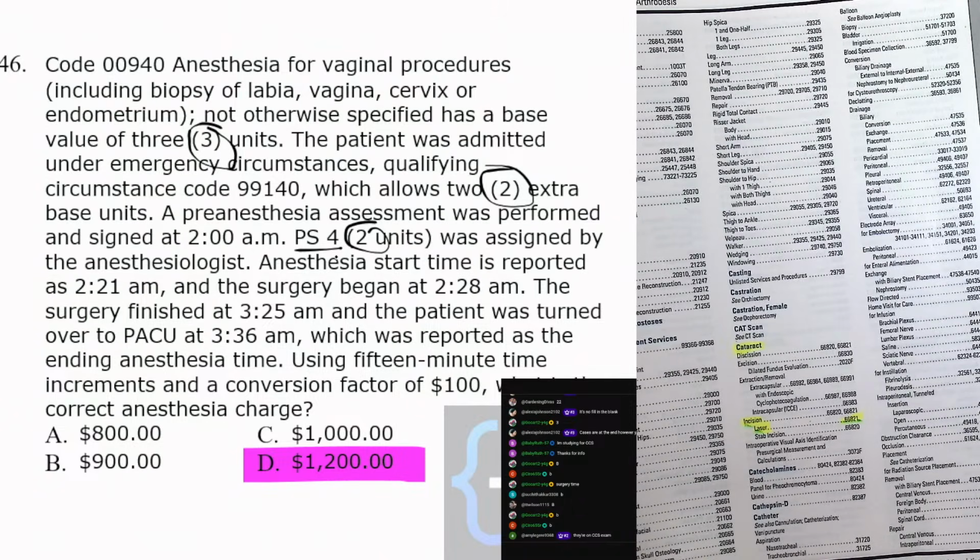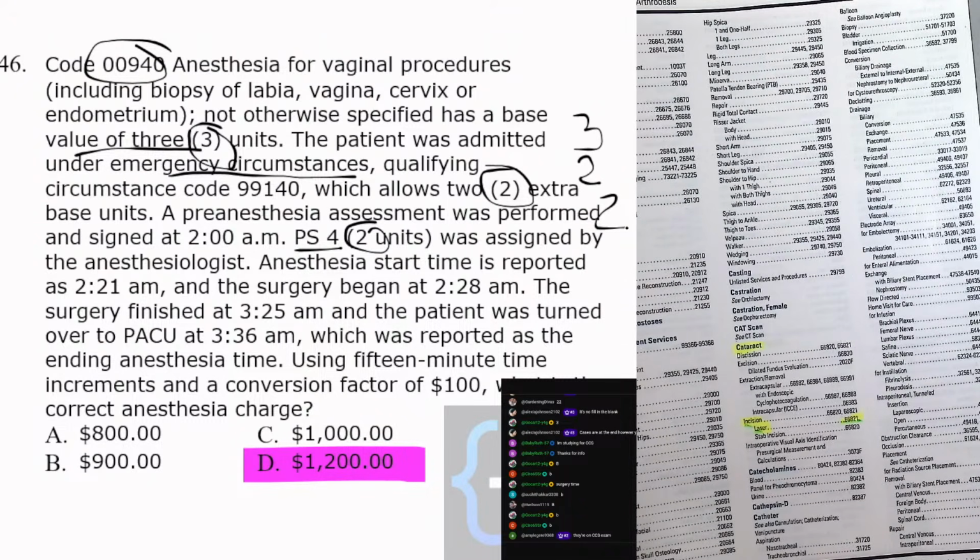So we take our 3 as our baseline value for our CPT code, and we add to it the emergency circumstances, right? You'd get 2 more for that. We get for our P4, that gets you 2 more also, which they tell you.